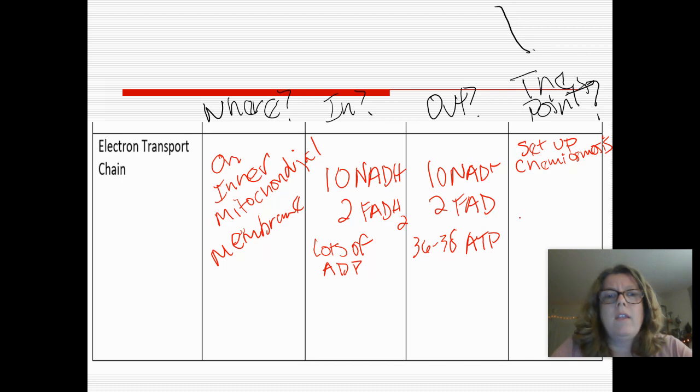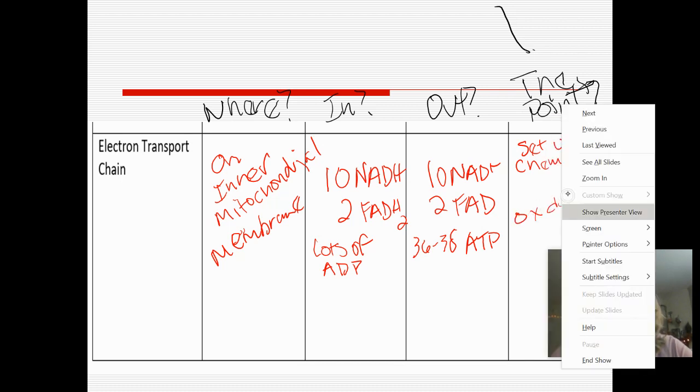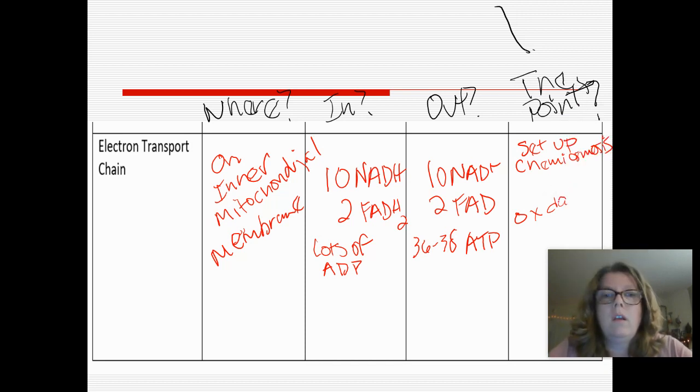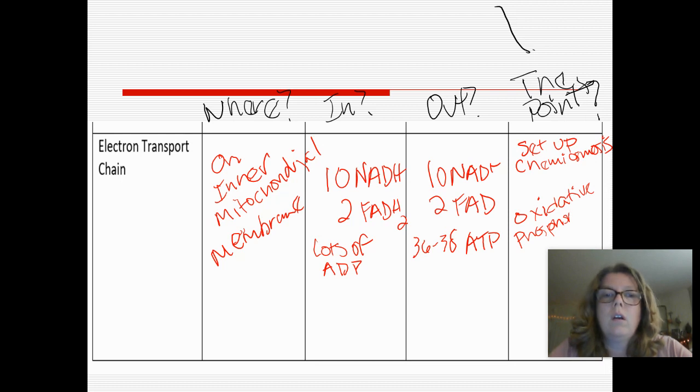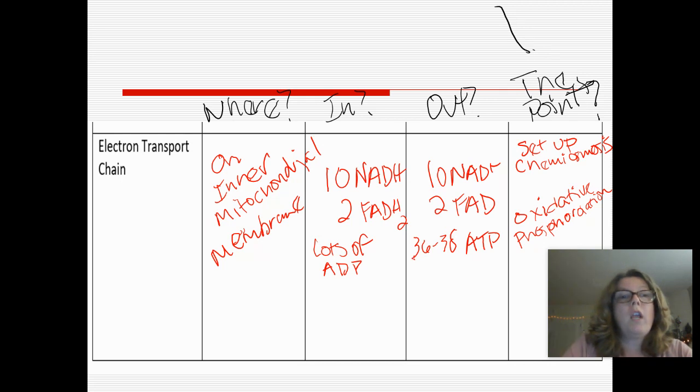And this is oxidative phosphorylation. We're going to get so much ATP from this process.